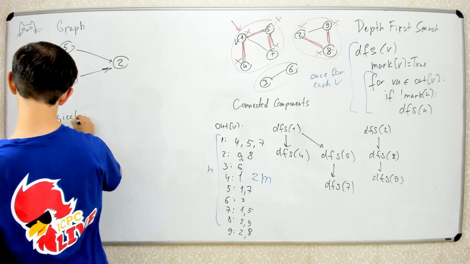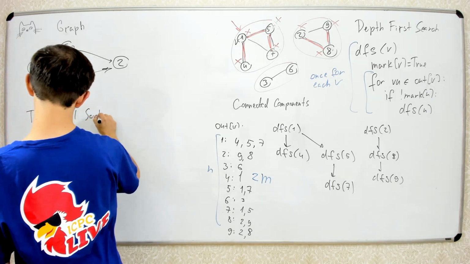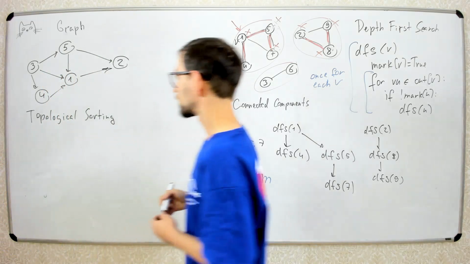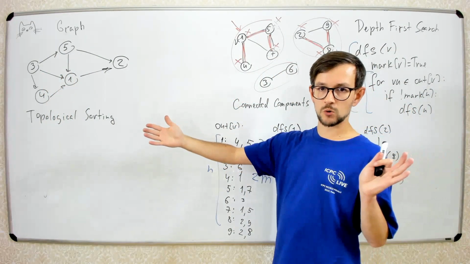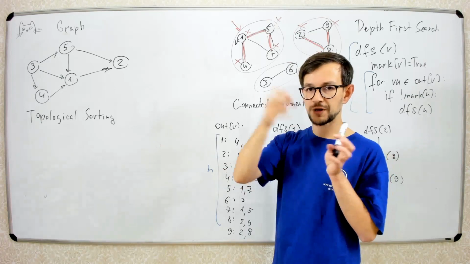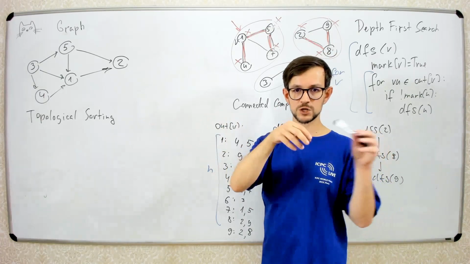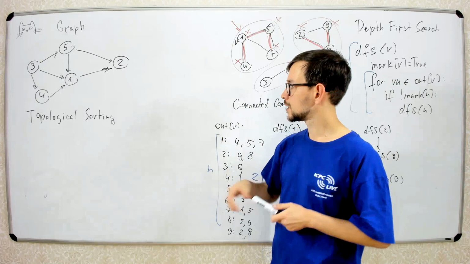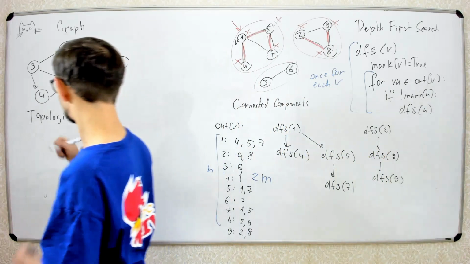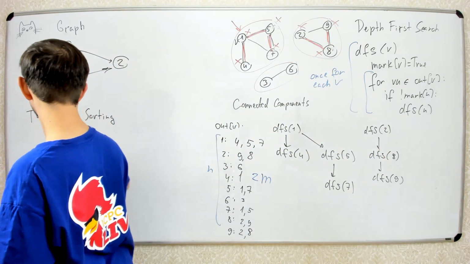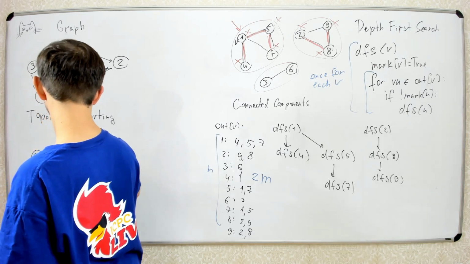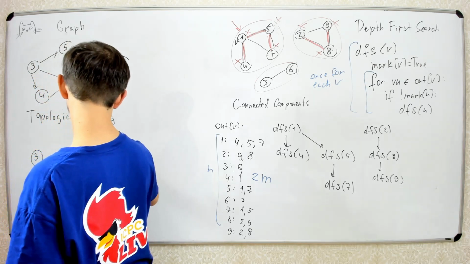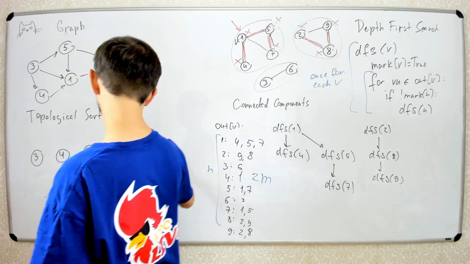Topological sorting means you have some order of the nodes, and if you put the nodes in this order, all the edges will go from left to right, basically. For example, here you can put node 3, then let's say node 4, then for example 5, then 1, and then 2.